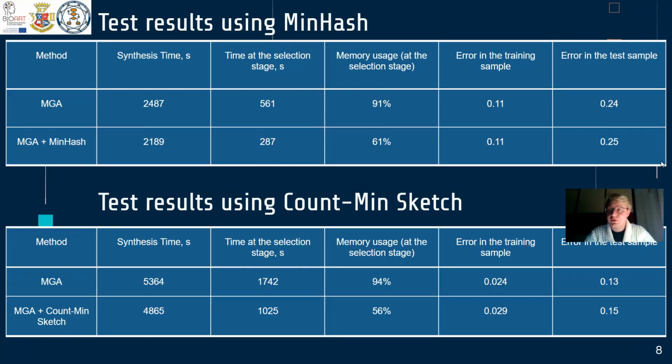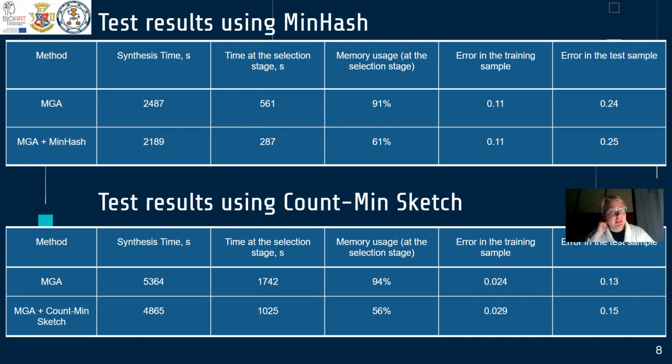On this slide, you can see the first part of the results. This is the sequential execution of evolution, and what can we see? We have a not bad result in memory usage, and the synthesis time became smaller. But when we talk about MinHash, we must say that during the training we have a not bad result, but when we talk about the testing, the accuracy is not so good.